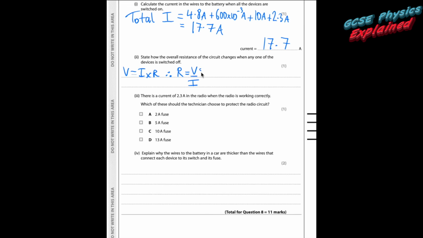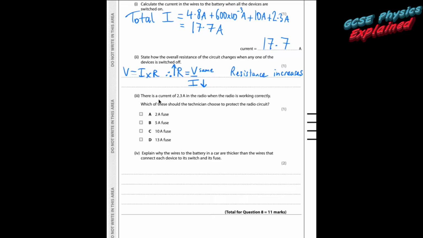If you keep the voltage the same, but you decrease the current, that's going to make the resistance increase. And as I say to my students, base your explanation on the calculation. And also make sure you can rearrange equations. Otherwise you're going to lose easy marks.